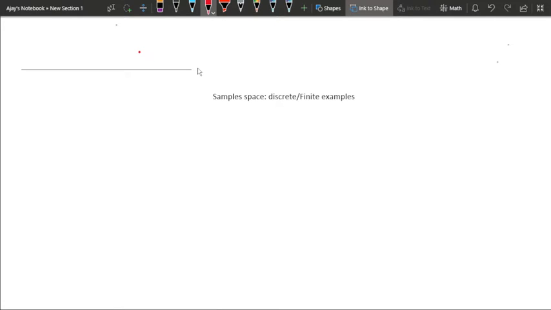We roll it once, and then we roll it twice again. We are not dealing here with two probabilistic experiments. We are dealing with a single probabilistic experiment that involves two rolls of the die within that experiment.